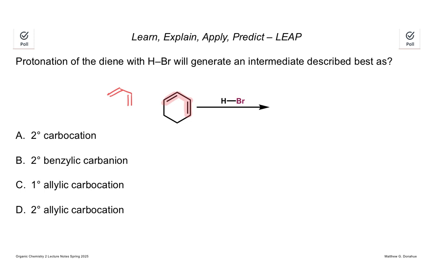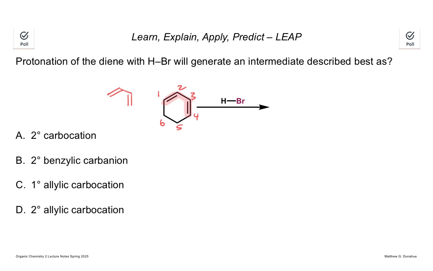So it says protonation of the diene with HBr will generate an intermediate best described as. And as we saw before, we want to protonate a terminal carbon atom, so that deposits the carbocation in an allylic position.